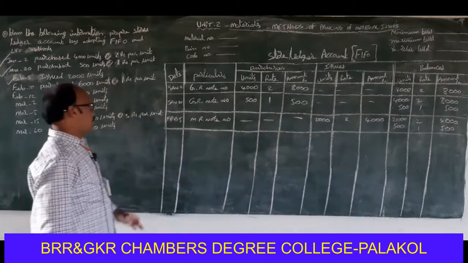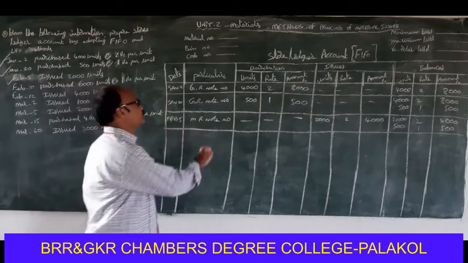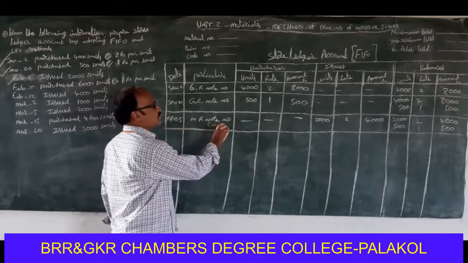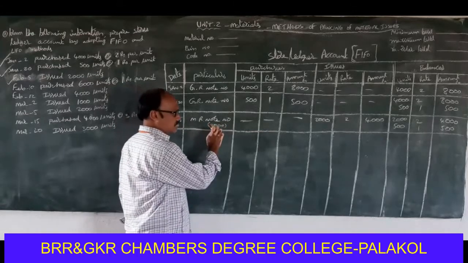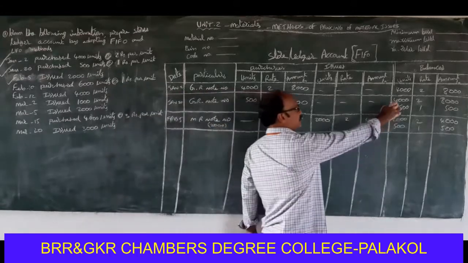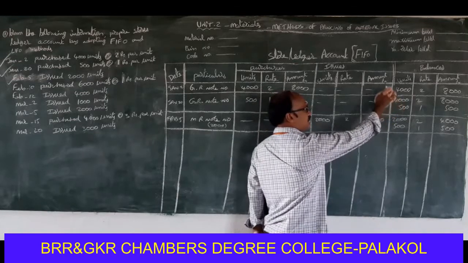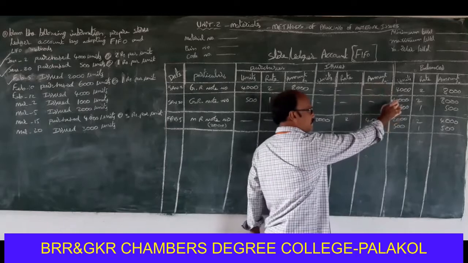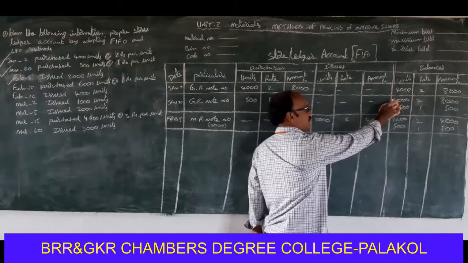Once again, I am telling that on February 15th, the number of units wanted to issue is 2,000 units. This 2,000 units must be released from the 4,000 units. Because why? The material received on January 2nd, on first in, first out basis, the 2,000 units must be released from this only.